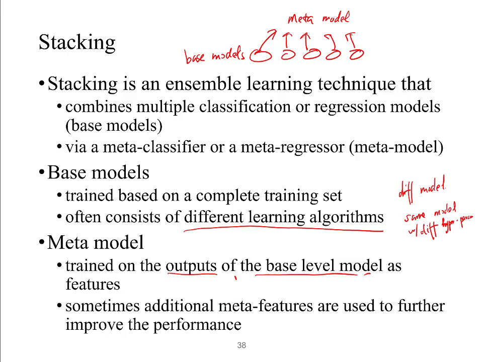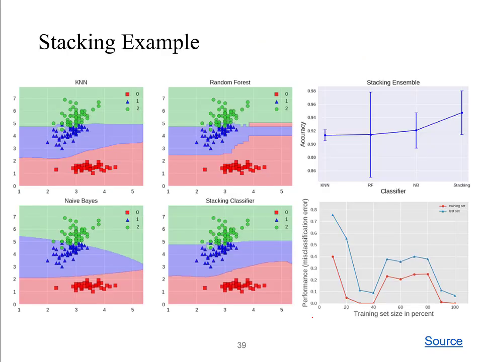We will also make use of an additional meta feature, which is simply the joint outputs, which is kind of the easiest meta feature. We will use that as an additional meta feature to further improve the performance. So this is the general idea of stacking.